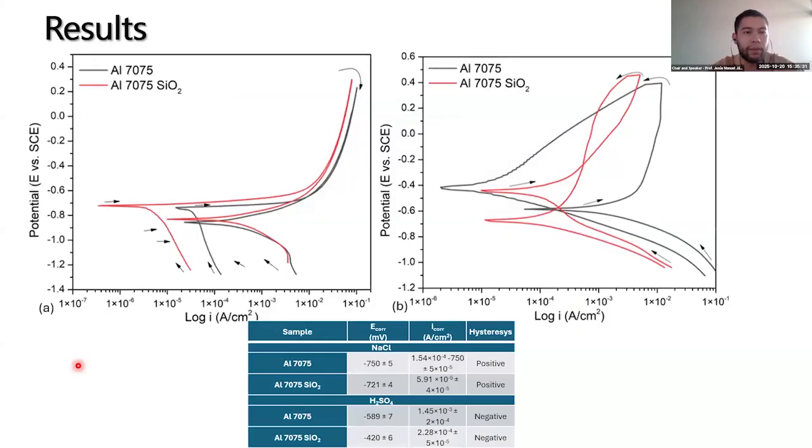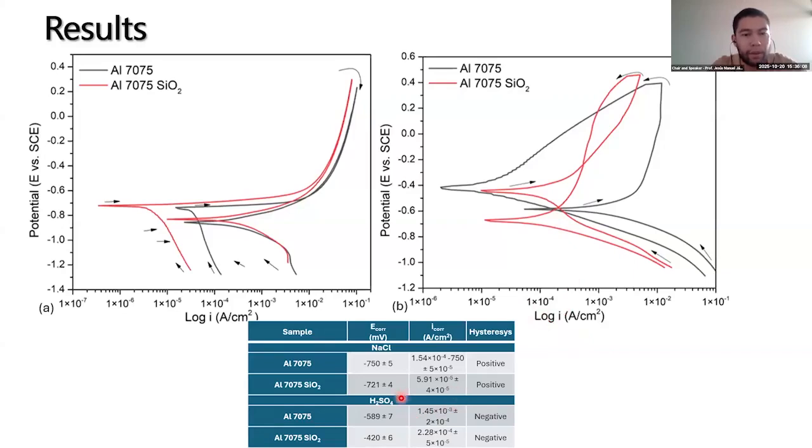Well, our results in potentiodynamic polarization. A is for sodium chloride and B is for sulfuric acid. It can be observed that in both electrolytes the inhibitor application reduces the corrosion kinetics because we have a lower current demand.